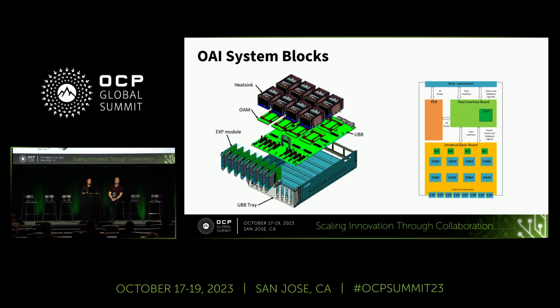And our focus again is the expansion module, which connects the high-speed SerDes on these OAM modules through connectors onto the external connectors, which are the 4 OSFP modules on each one of these expansion modules.